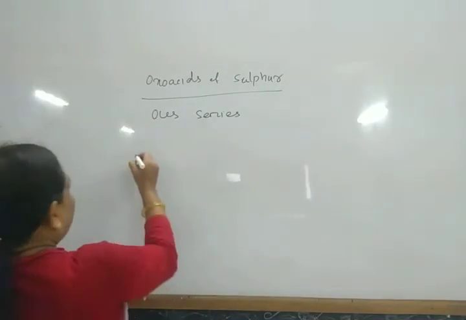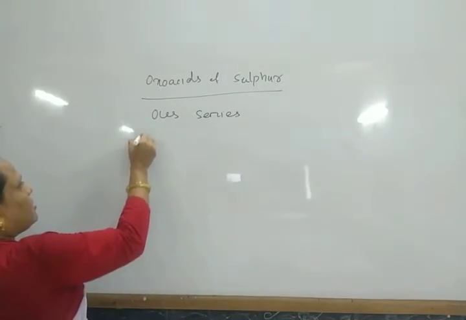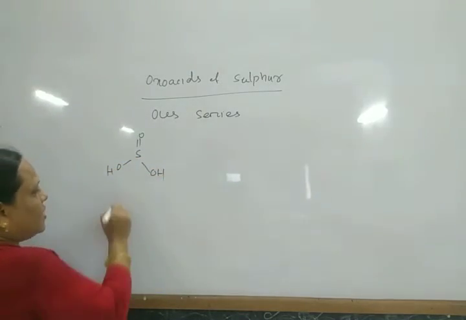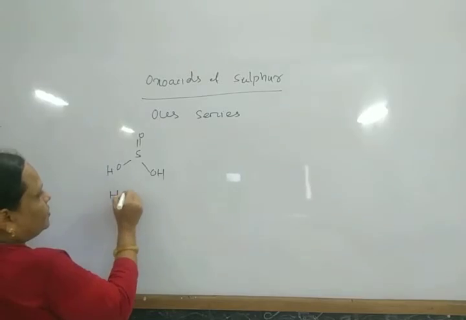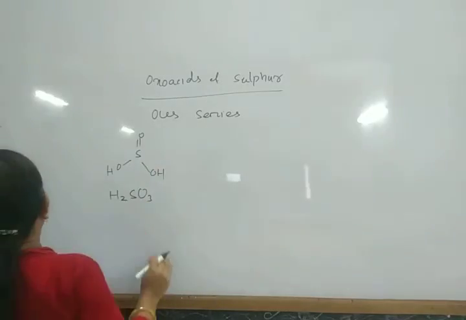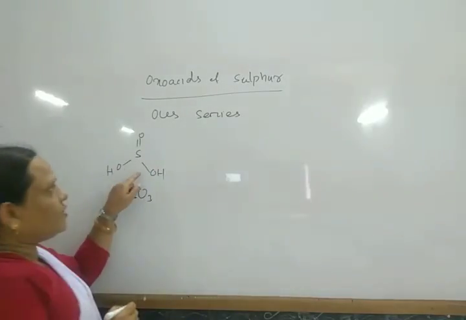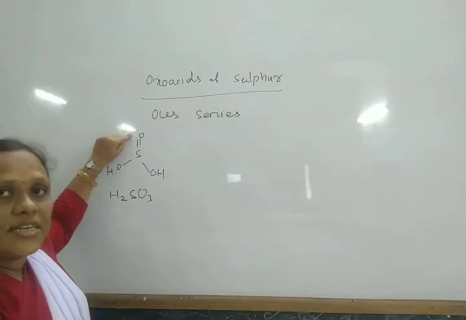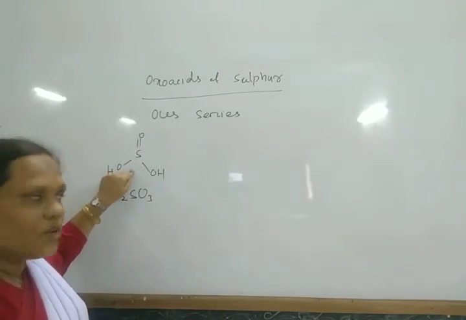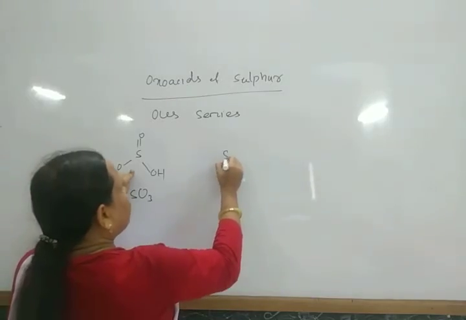First, sulfurous acid. This is H2SO3, sulfurous acid. Next, thiosulfurous acid. When one oxygen atom is replaced by sulfur, that is known as thiosulfurous acid.